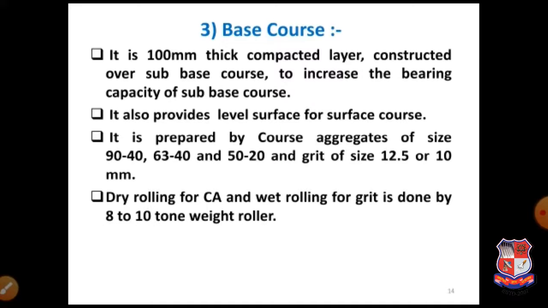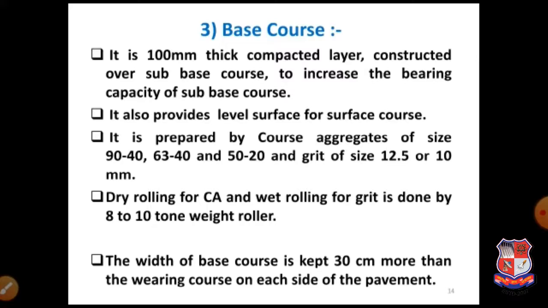Dry rolling for coarse aggregate and wet rolling for grit is done by an 8 to 10 ton weight roller. The width of base course is kept 30 cm more than the wearing course on each side of the pavement, 30 cm being equivalent to 1 foot.